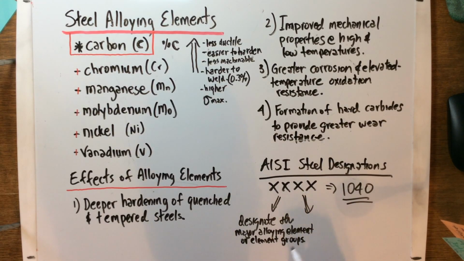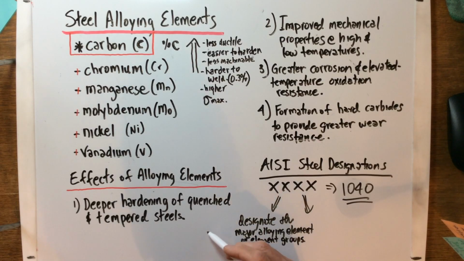And there are specific numbers that go along with that. For instance, anything where you see a 10 or 11 or a 12, that pretty much says it's going to be a plain carbon steel, where carbon is the major alloying element within that steel. So that's what we call plain carbon steel designations.